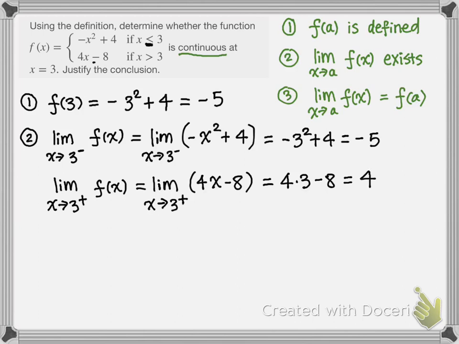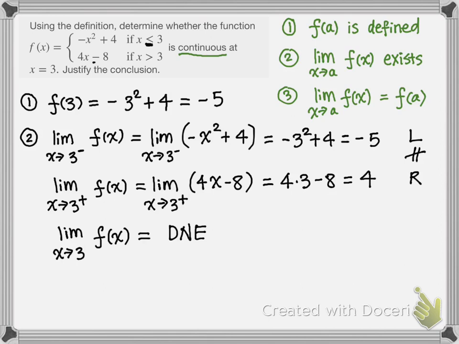Negative 5 does not equal 4. So the left-sided limit does not equal the right-sided limit. And we say the limit as x approaches 3 of f of x, the two-sided limit, does not exist, because the left one-sided limit does not equal the right-sided limit.